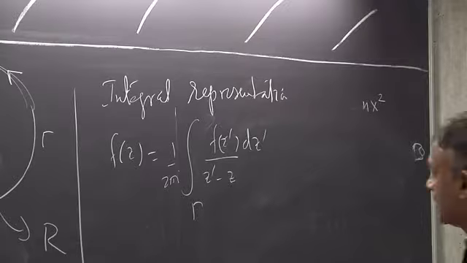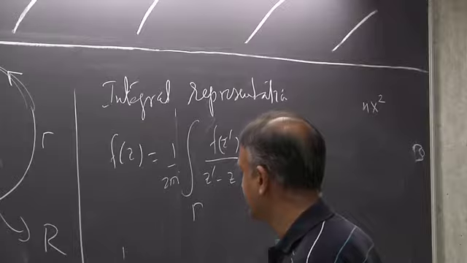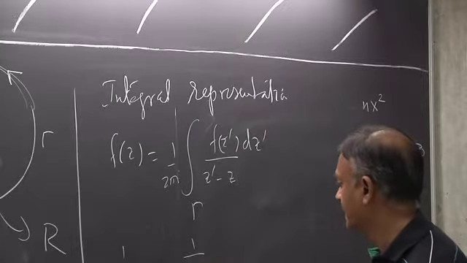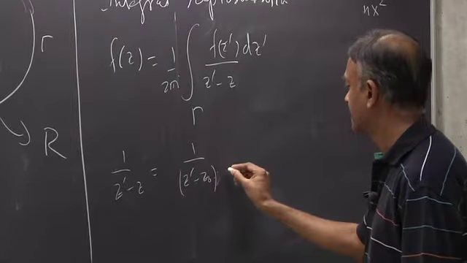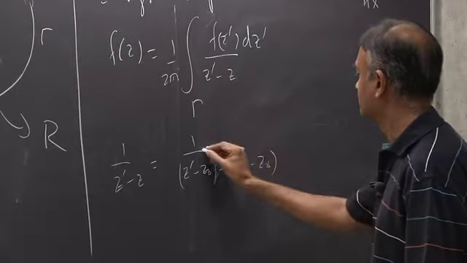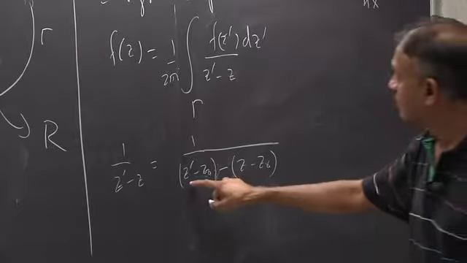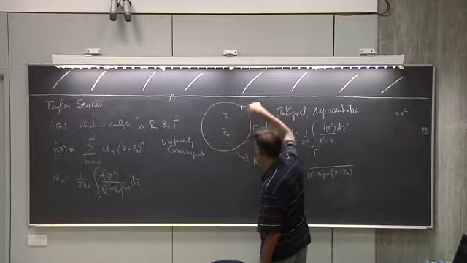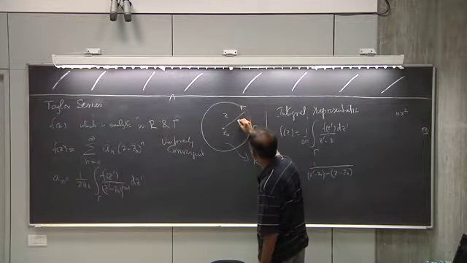Now let's write 1 over z prime minus z as 1 over z prime minus z naught minus z minus z naught. I can do that. Remember, z prime is on the contour. In this particular case, the contour is a circle centered at z naught with some radius, let's say r.